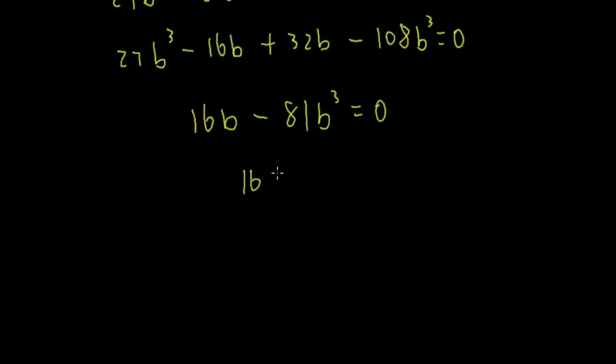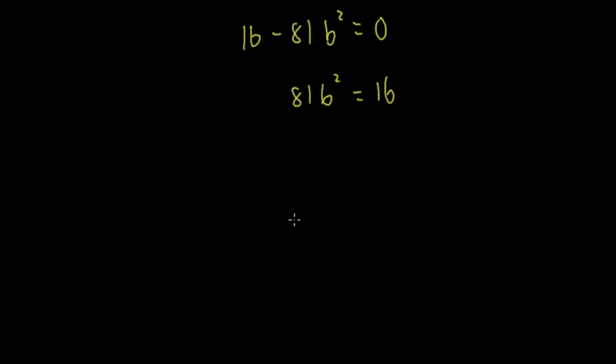We have 16 minus 81b squared equal to 0. Now 81b squared is equal to 16. b squared is equal to 16 over 81. Take the square root of both sides, right? Plus or minus.